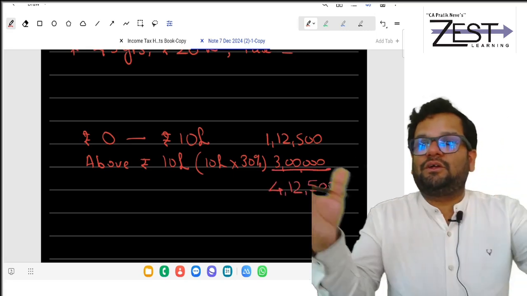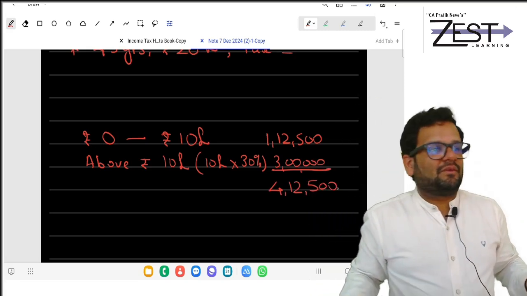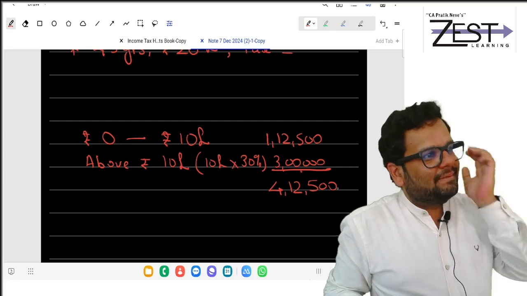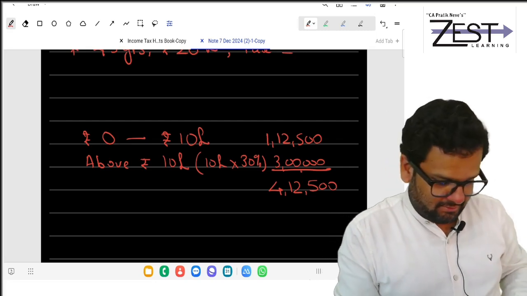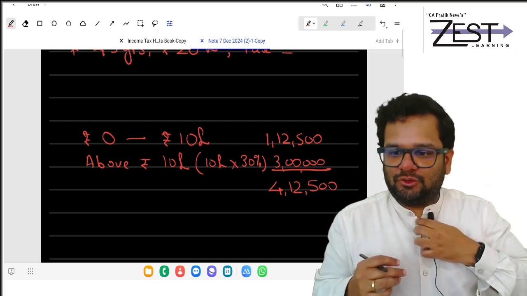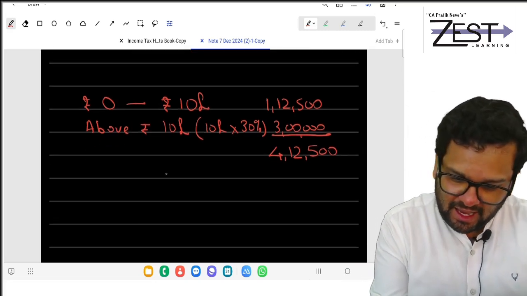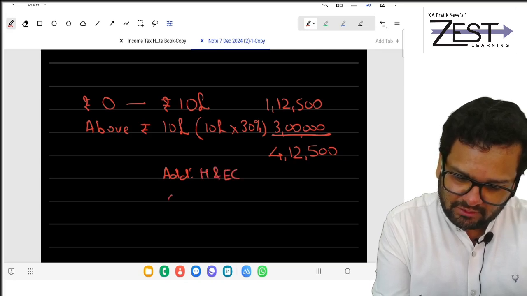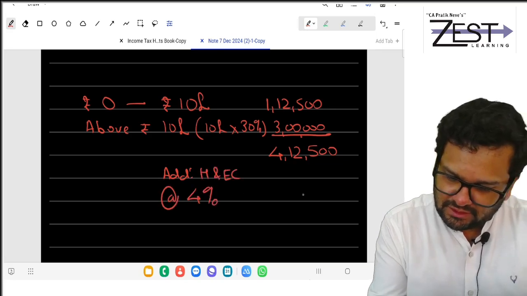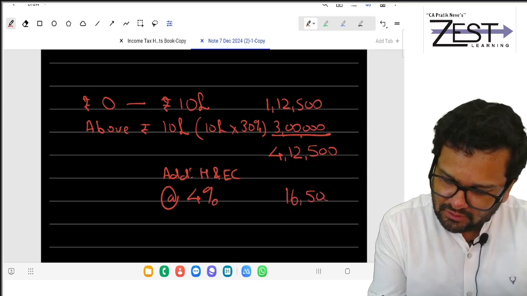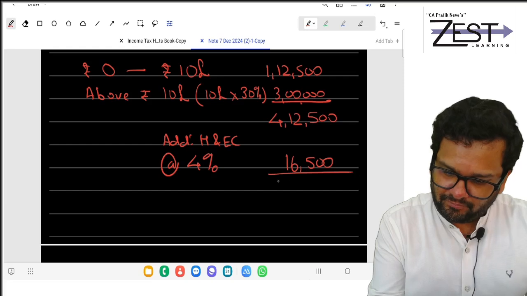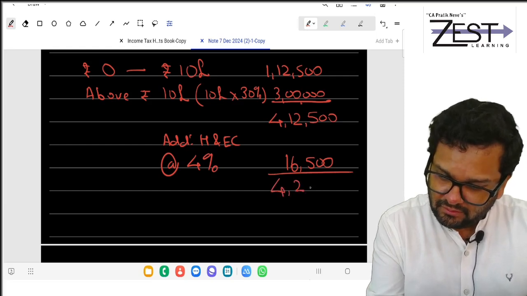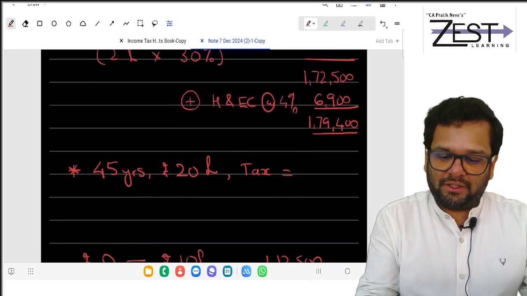You will not be motivated to earn only. You have lost motivation to earn. Add health and education cess, can you tell me? 16,000. So total tax 4,29,000. See how much you are paying now.